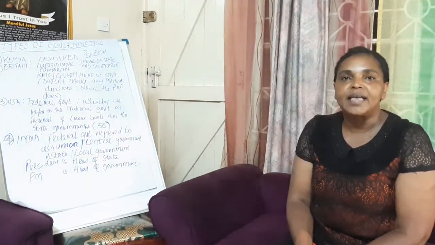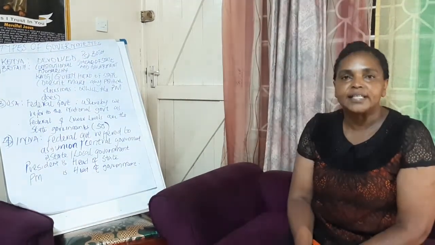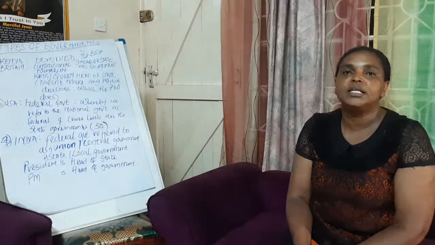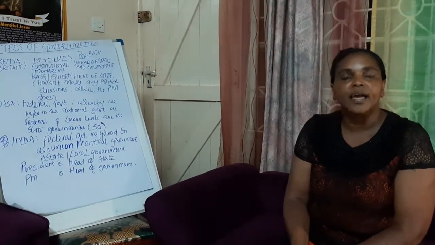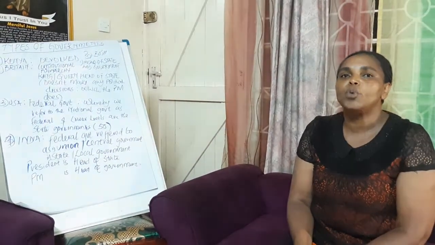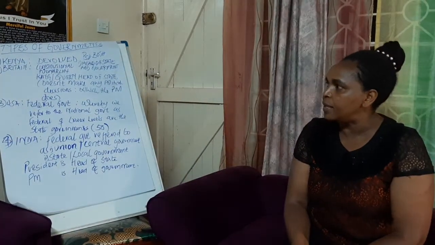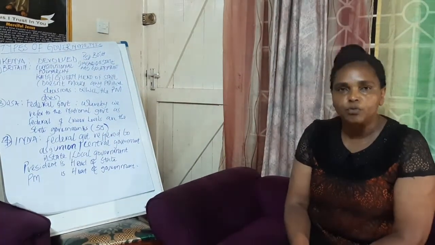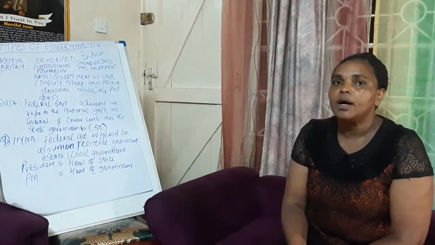The chief executive officer of the whole country is the president, who is both the head of state and the head of government. Later, in another lesson, we are going to understand the difference between the head of state and the head of government. So in Kenya, we have a devolved government with 2 levels, national level and county level.